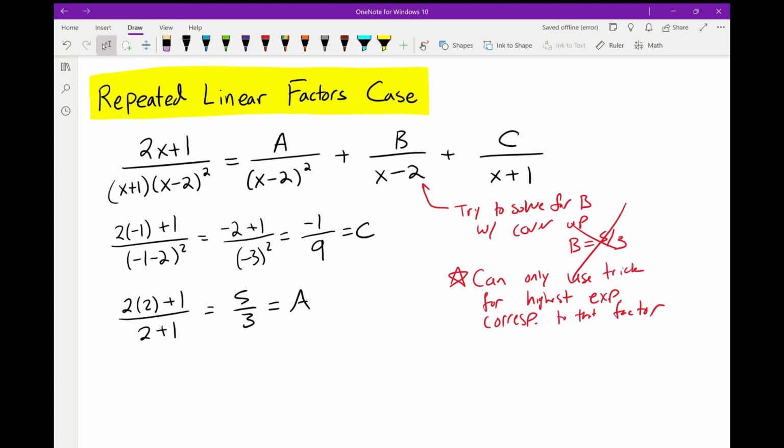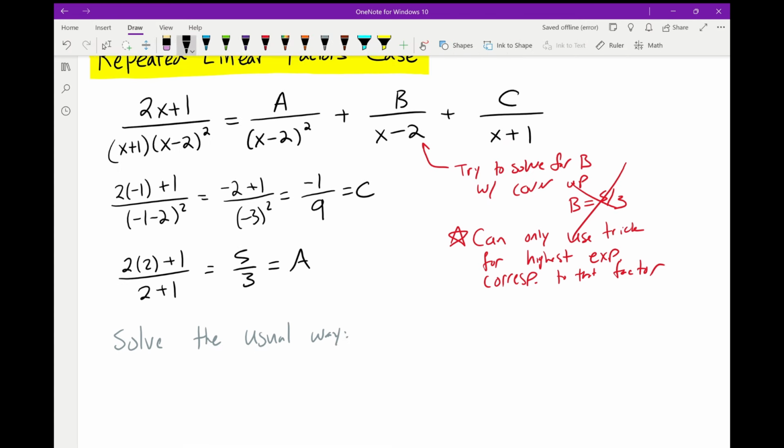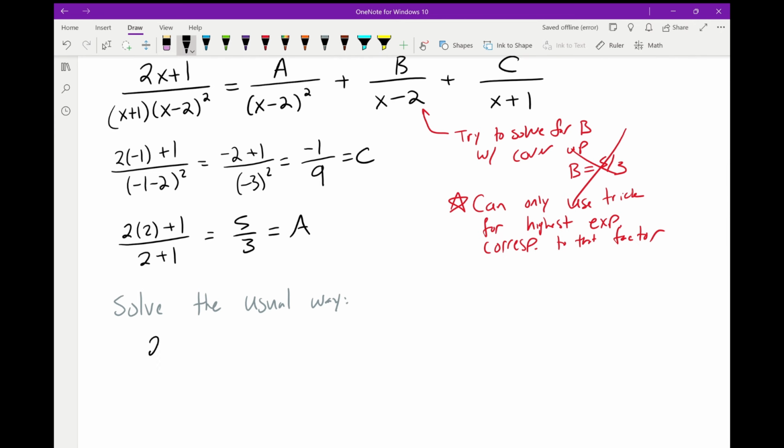To figure the rest of this out, we just go ahead and solve the usual way. The way we do that is by clearing the denominators. So multiply everything by the denominators we have over here, and we'll get that 2x plus 1 is going to equal A times x plus 1, plus B times x minus 2 times x plus 1, plus C times x minus 2 squared.